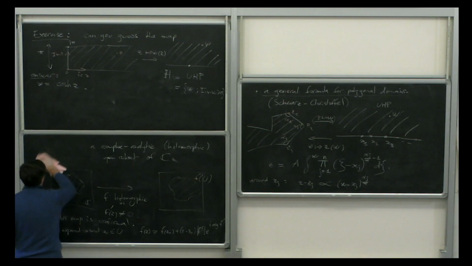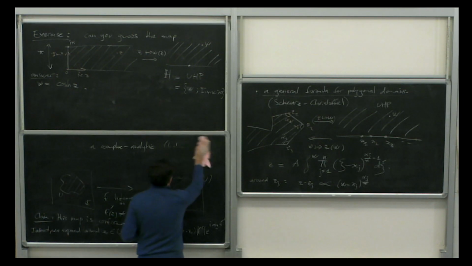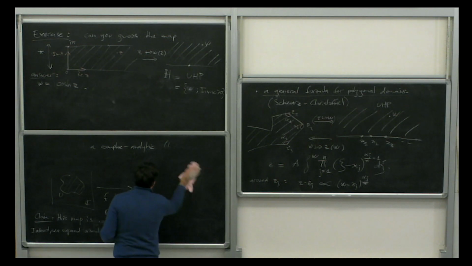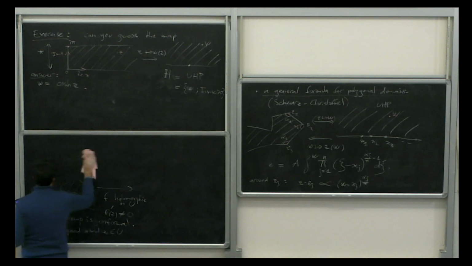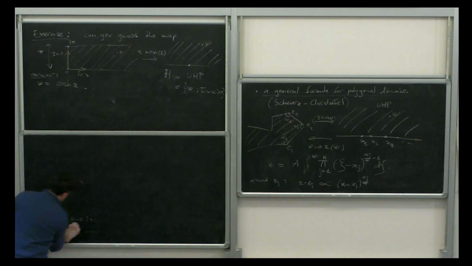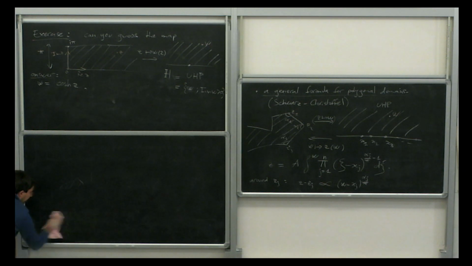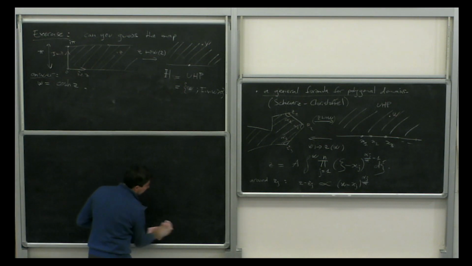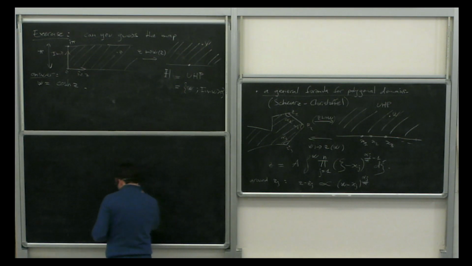Okay, so conformal maps have been around for a long time, and initially they had nothing to do with field theory. They've been used in many other contexts, and they are still used far beyond conformal field theory.